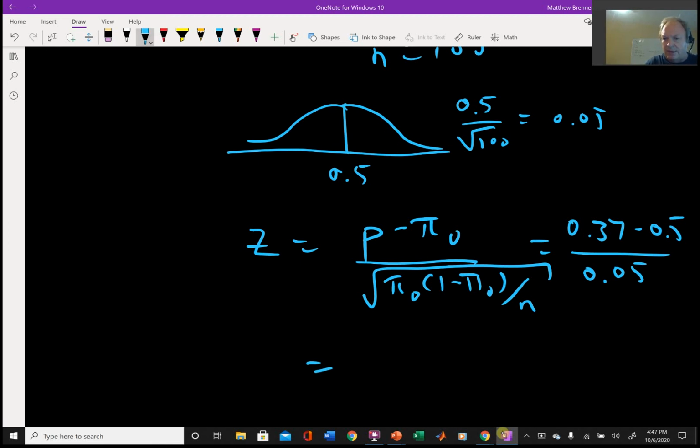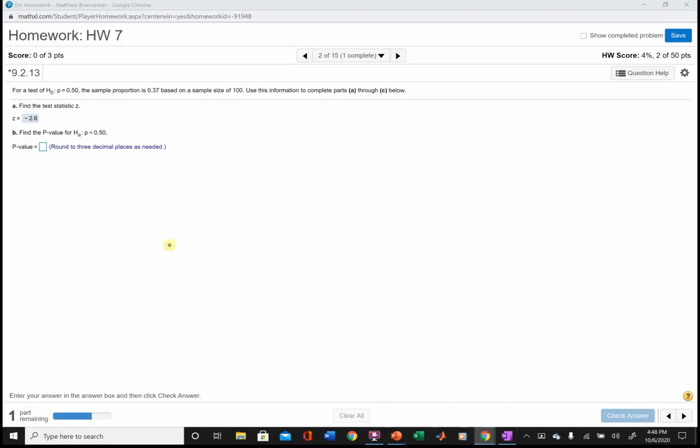I'm going to end up getting minus 0.13 divided by 0.05, and this is where my minus 2.6 is coming from. Again, remember the test statistic is the z-score for the observed sample percentage in the distribution of sample percentages I would get if the null hypothesis was true. So that's a lot to think about.